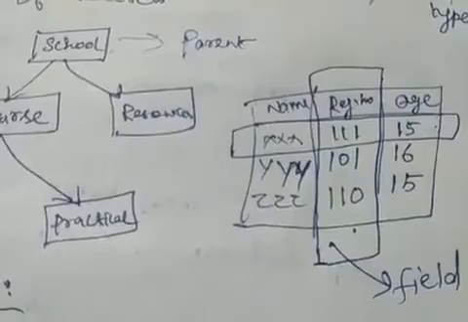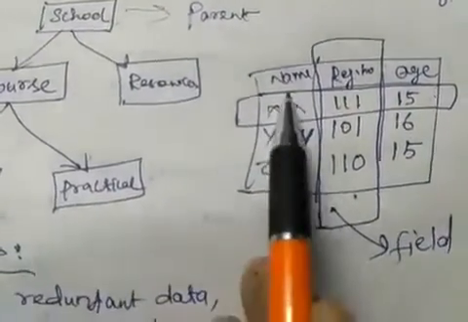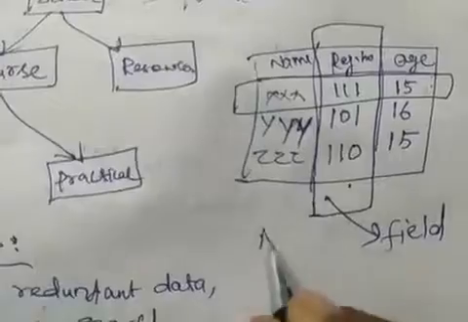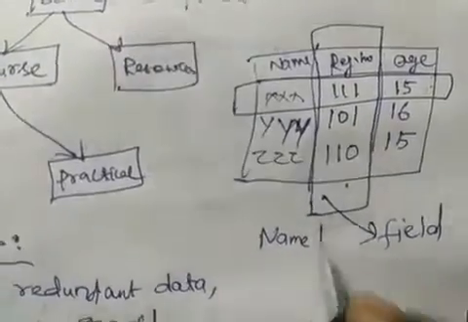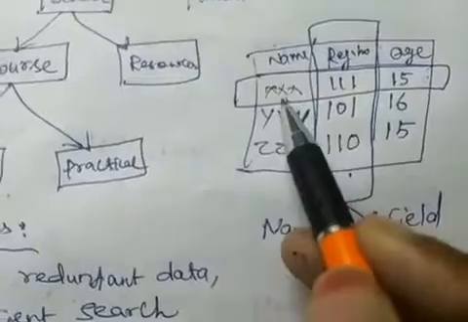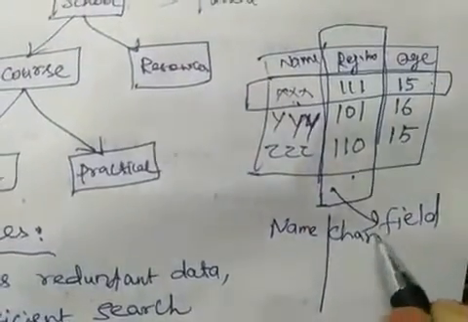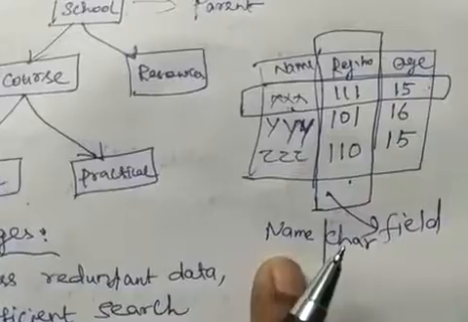Name, register number, age. So you have 3 columns, and the first column is what? Name. And in the name column, what value types are stored? Either character or number. Character. So what is the type of the name? Character.